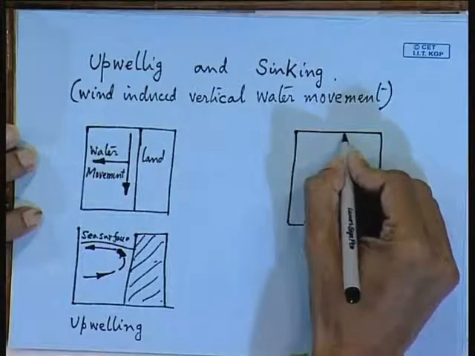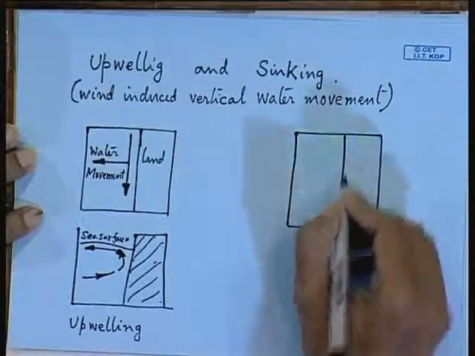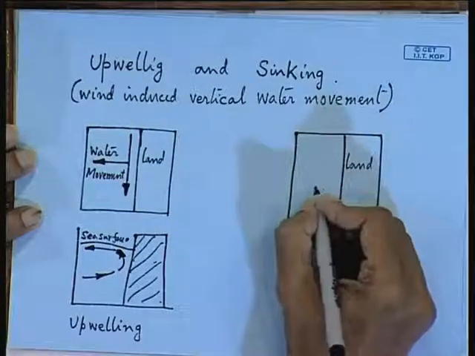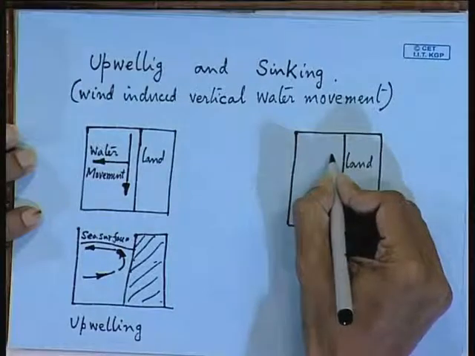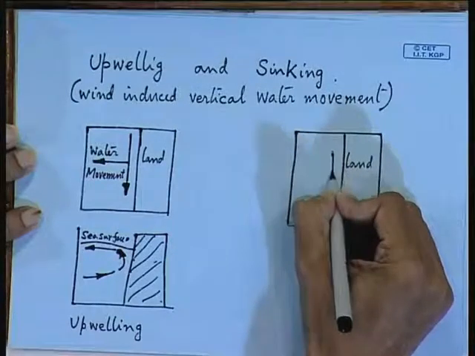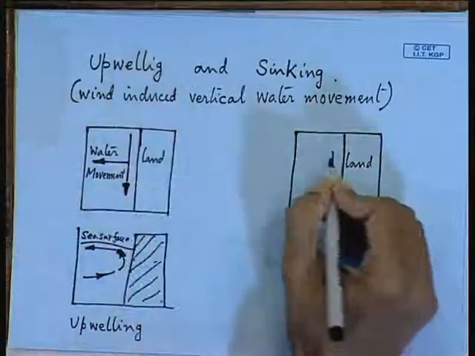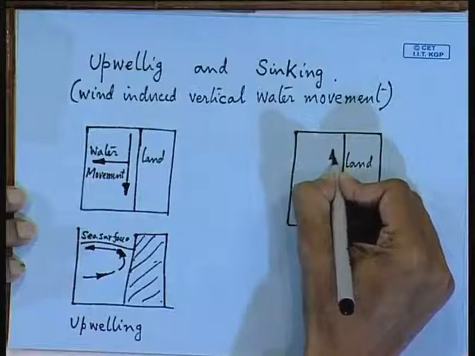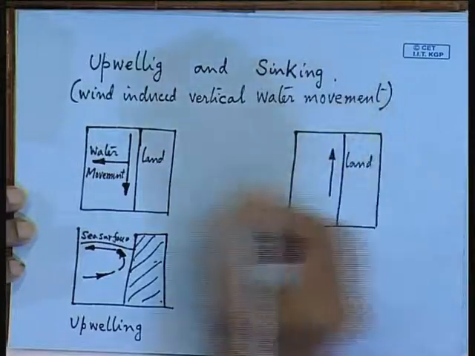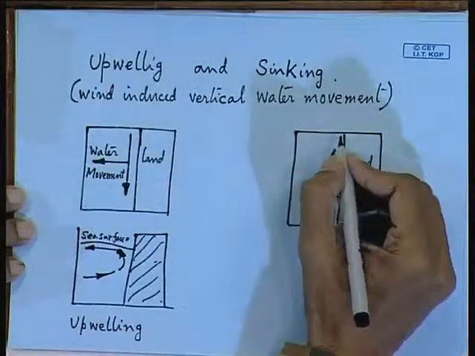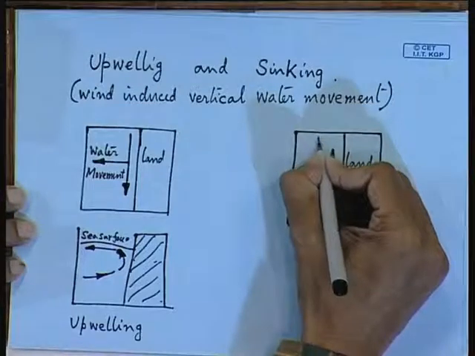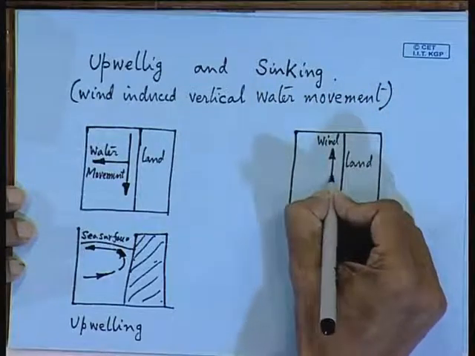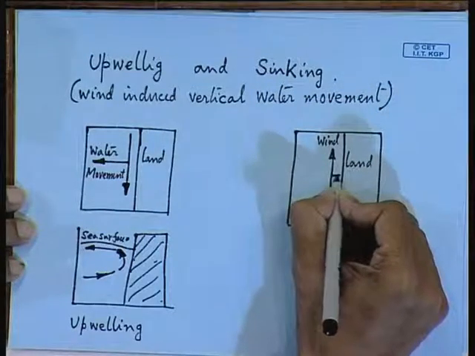So this is your land mass. Now you tell me which direction the water will go. Your wind is going, say, in the reverse direction, from bottom to top. Say this is the direction of wind, then what will happen? So northern hemisphere, your net water transport will be towards the right.